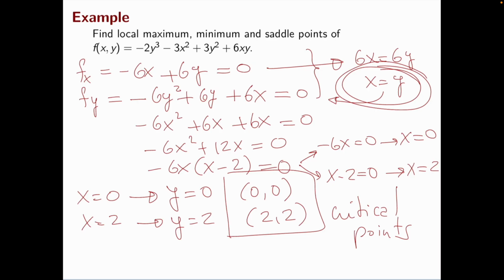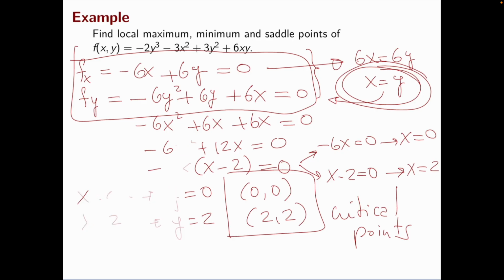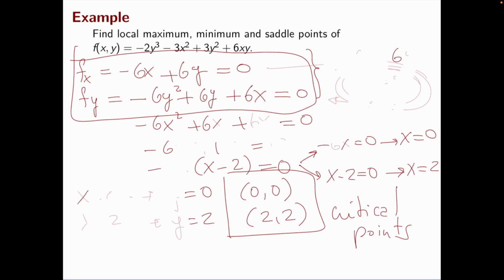And in order to decide what they actually are, we are going to apply the method given by the theorem, based on the calculation of the Hessian. So we retain here the derivatives, which is what we are going to need to calculate the second derivatives, and we don't need these calculations anymore.